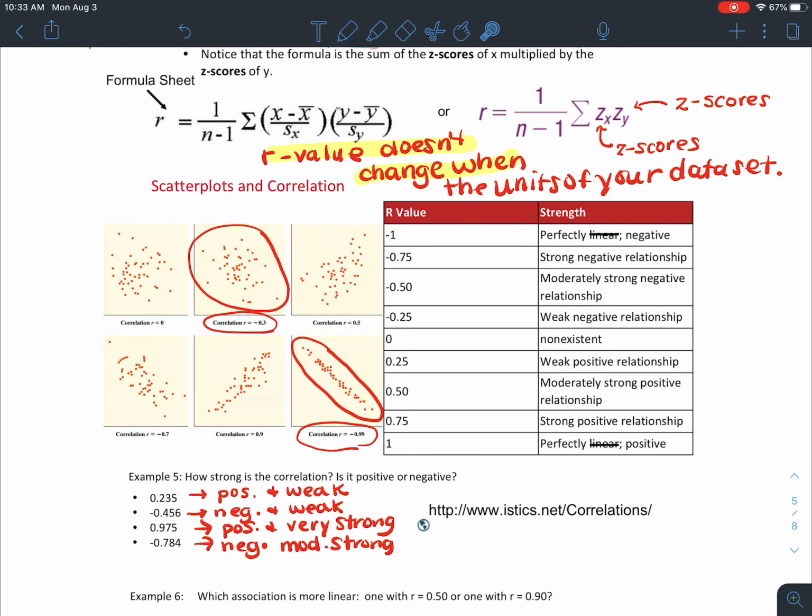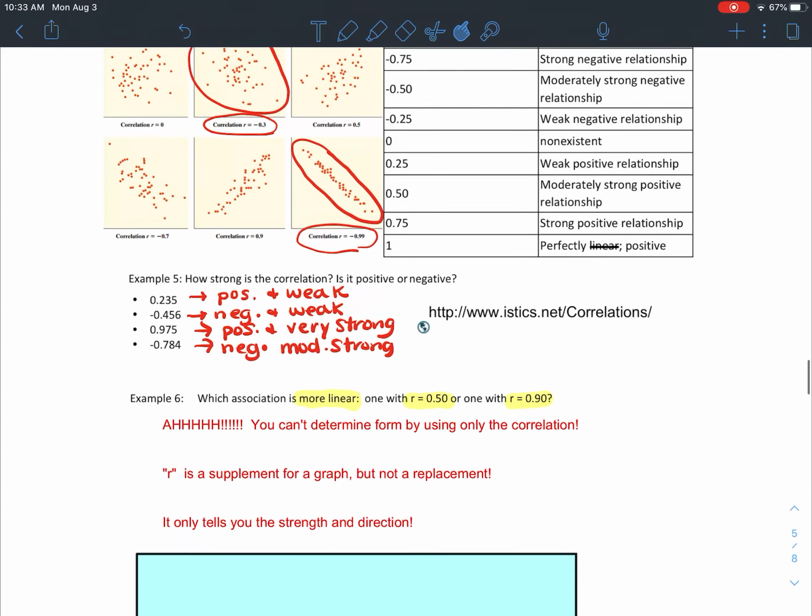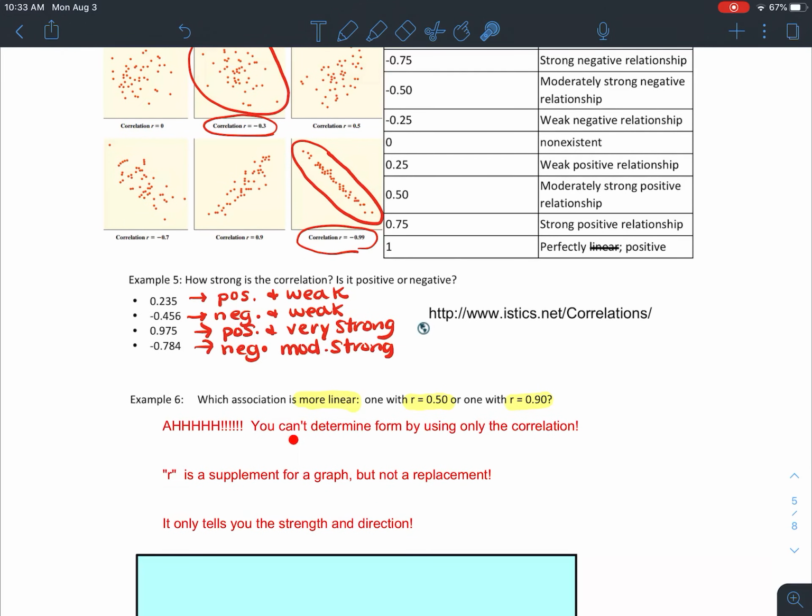The question here is which association is more linear? One that has an R value of 0.5 or one that has an R value of 0.9. And this is kind of a trick question, because we know that we're not supposed to be able to distinguish the form by exclusively looking at the R value alone. So we would want to say, wait, you can't determine the form by using only the correlation.